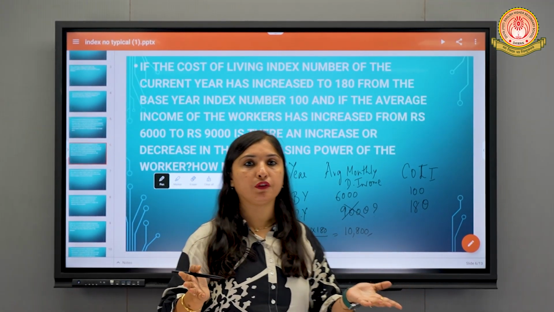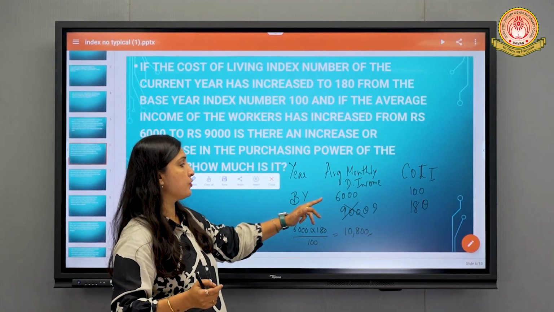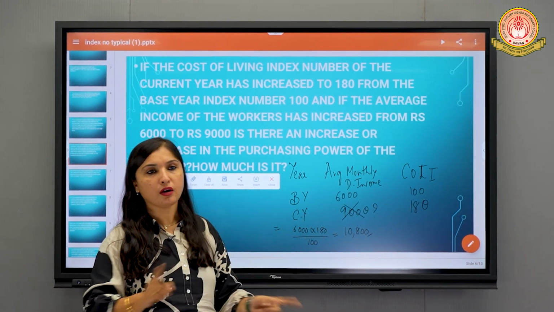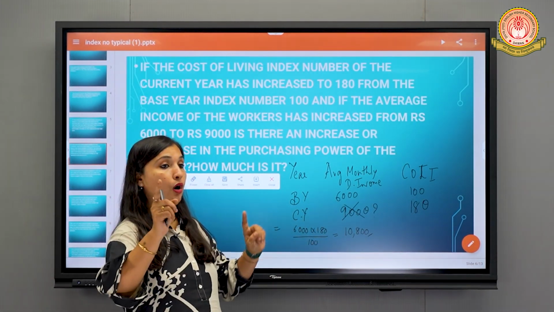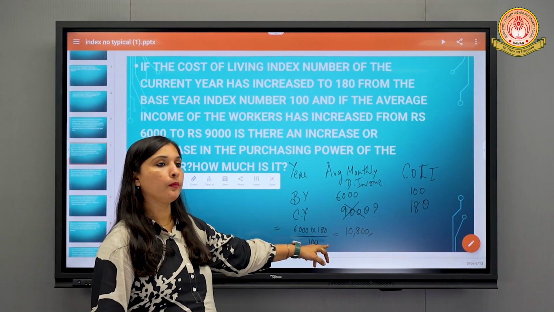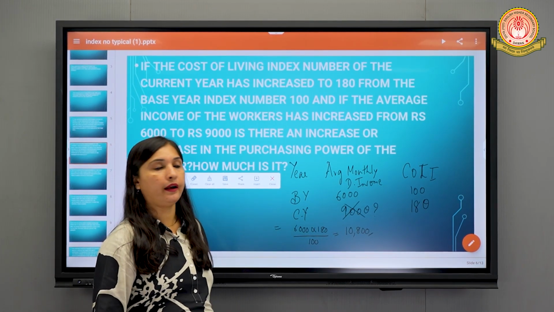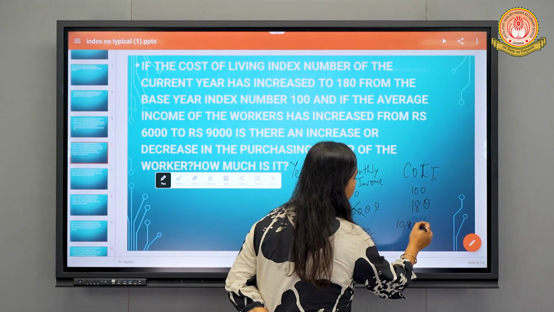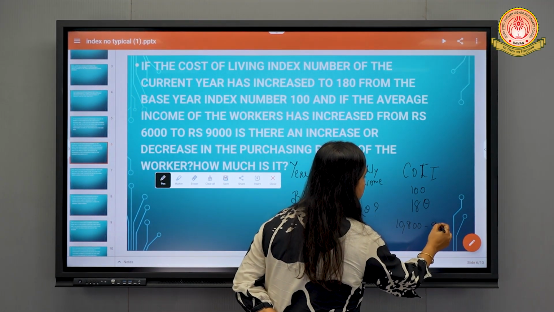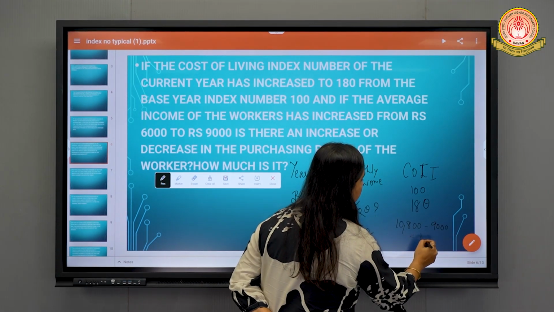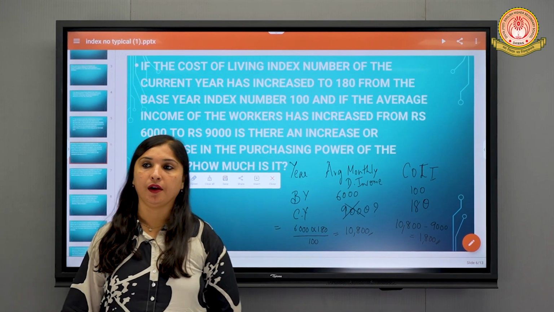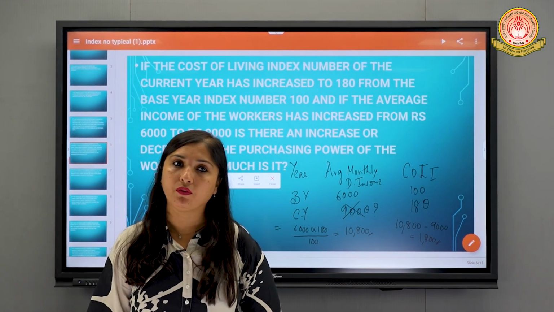No, it won't be sufficient, because 9,000 is not sufficient for him. His income should increase to 10,800. How much more increase should there be? 10,800 minus 9,000, that is 1,800. Is it clear to everyone?